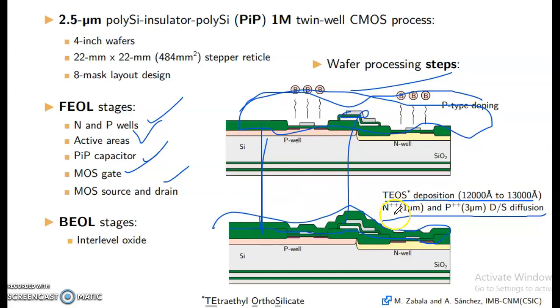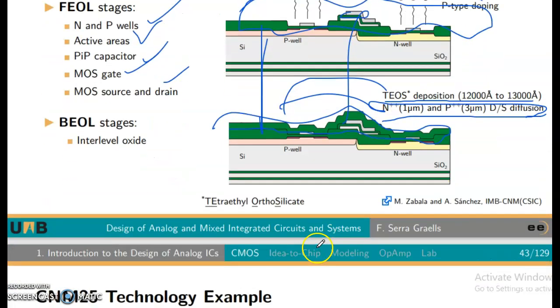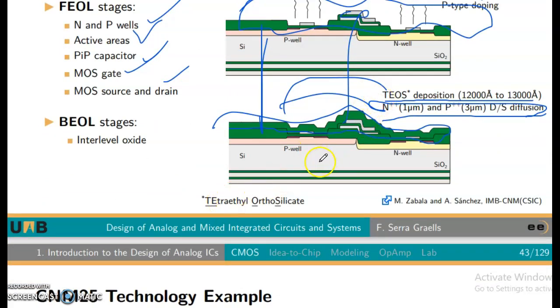See here. So N plus plus and P plus plus 3 micrometer diffusion is going on. TEOS deposition. TEOS means T for tetra, ethyl, ortho silicate. Yes, okay.